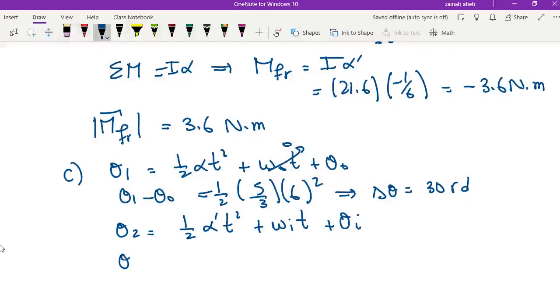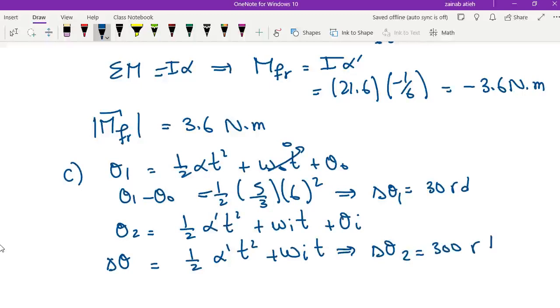So delta theta is equal to half alpha prime t squared plus omega initial t. This is delta theta 1, this is delta theta 2. In the second case it's equal to a number you can substitute, which gives 300 radians.